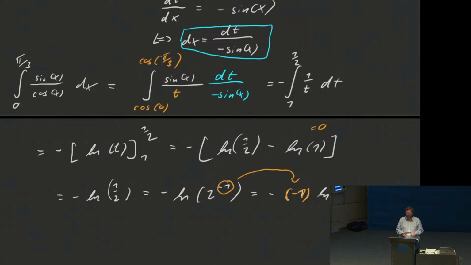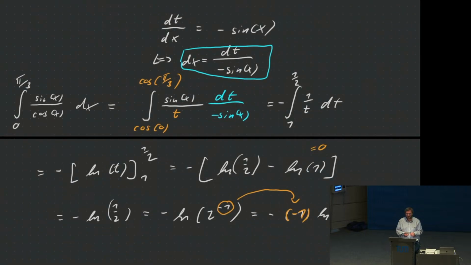All right, any questions about this one? Yes? Yeah, as an alternative, what I'm doing here is updating the bounds to be in line with my substitution. I don't have to do that.